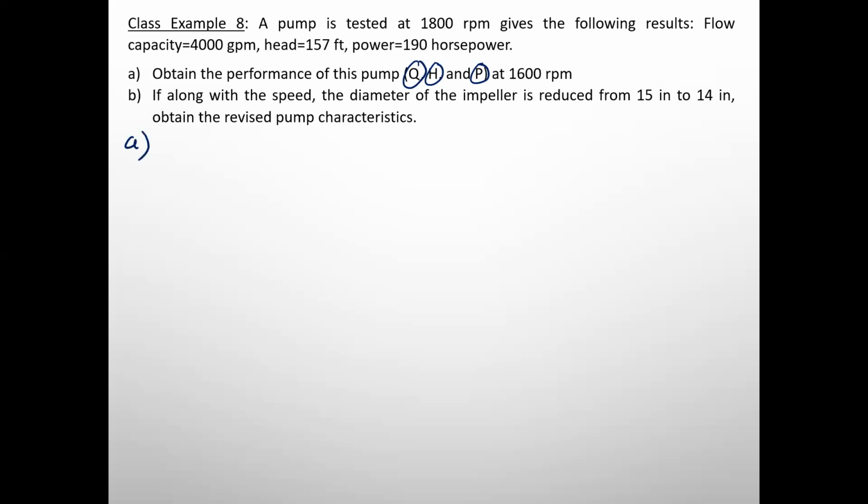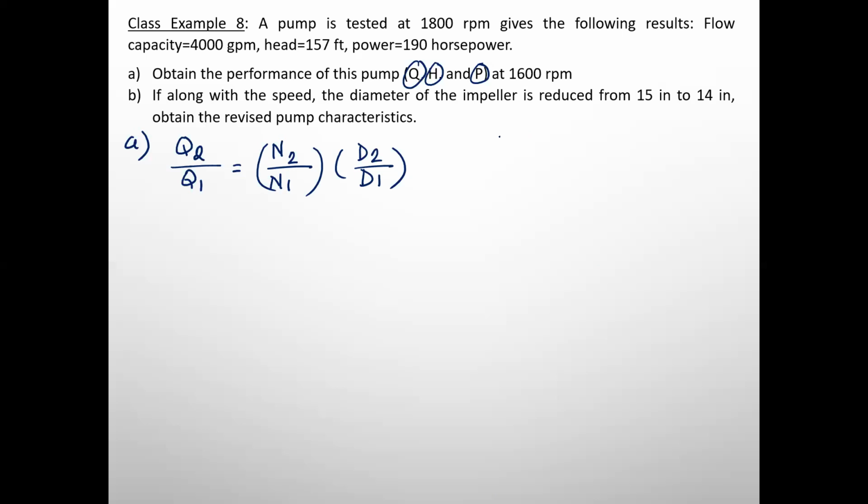So that's what we will do for A. We need to find the Q, H, and P. So let's work on that. The relation between Q1 and Q2 will be Q2 over Q1 equals N2 over N1 and D2 over D1.